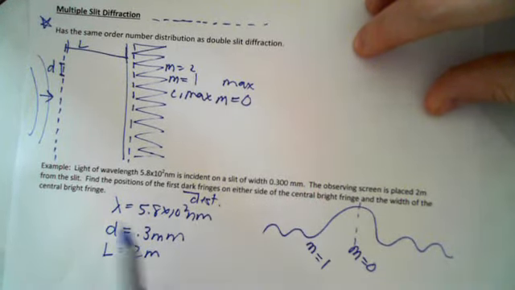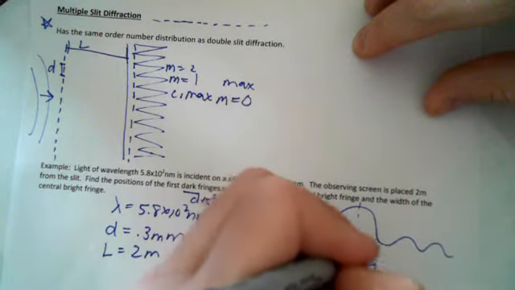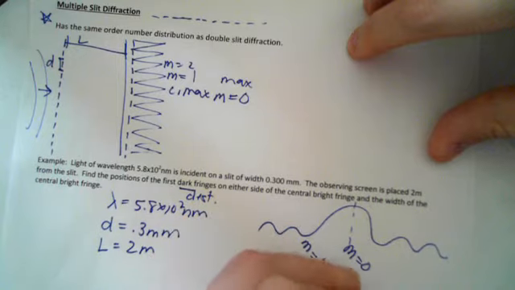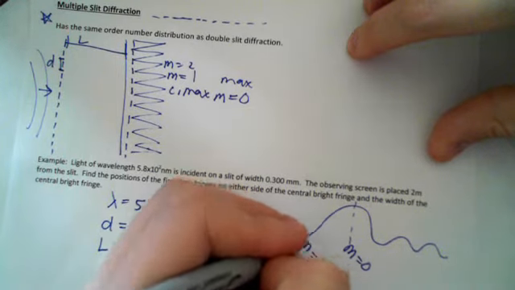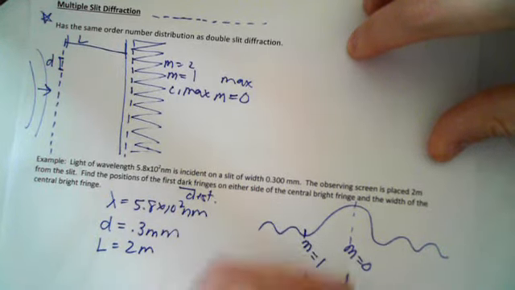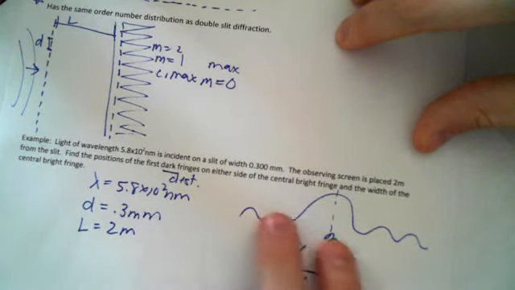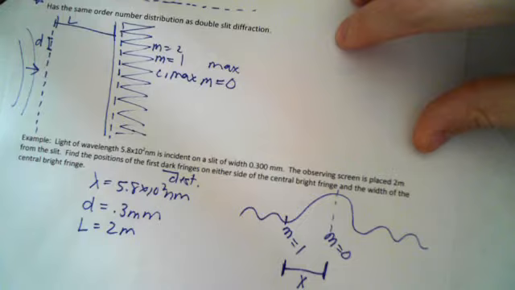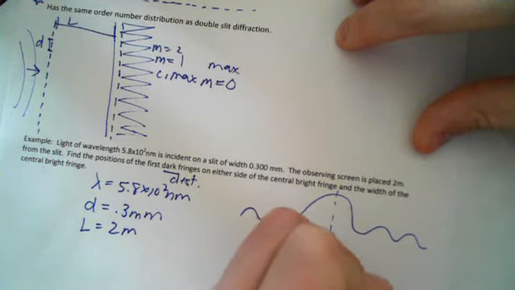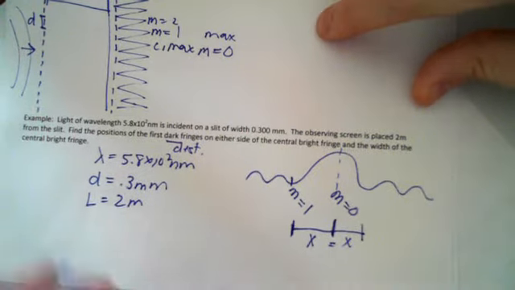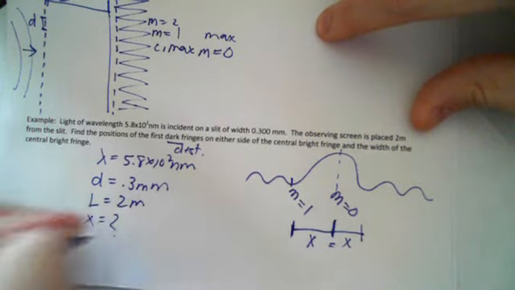And it wants to know basically the position from the central bright fringe to the first dark fringe, and that's our x value. These are symmetrical. Each side, guys, on all of the diffraction grating patterns is symmetrical. So basically this distance is going to be equal for each of the dark fringes. So we're looking for x.